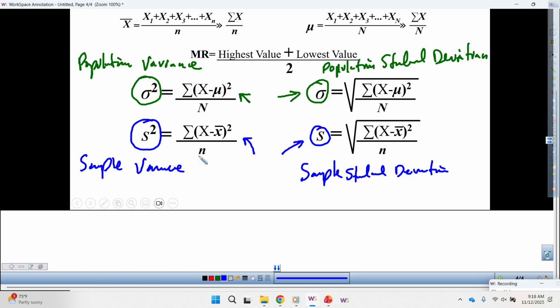Should have 3 differences. The S, okay, yeah. So S for sample, and we use the sigma for population. What else? The N, small n for a sample, big N for population. What else? Yeah, the mean. Mu for population and X bar for sample.